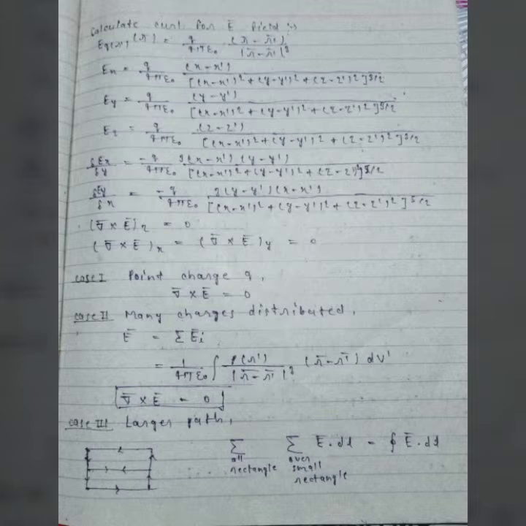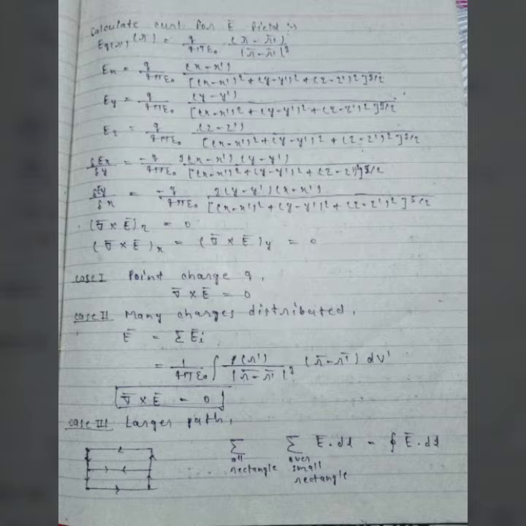Similarly, partial Ey over partial x is going to be minus q over 4 pi epsilon 0 times 3 (y minus y prime)(x minus x prime) over this whole thing raised to 5 by 2.